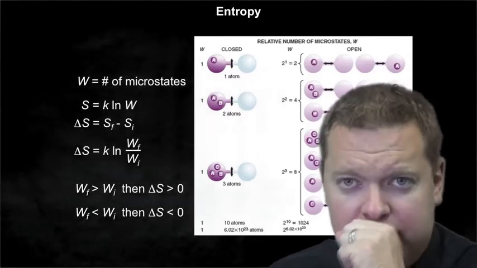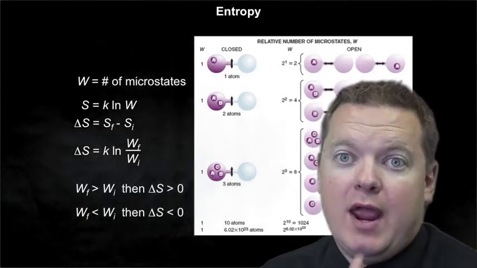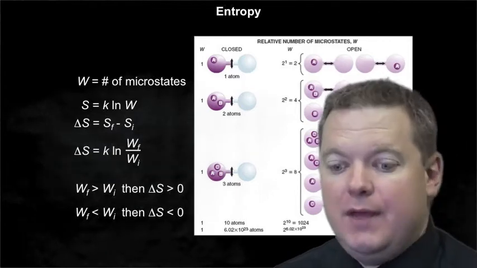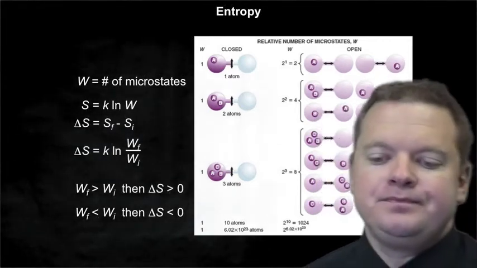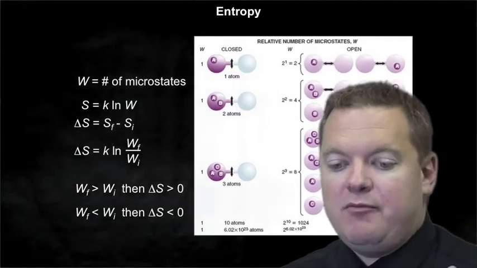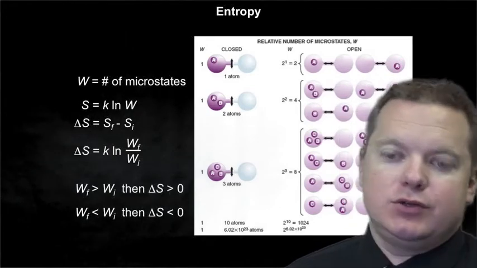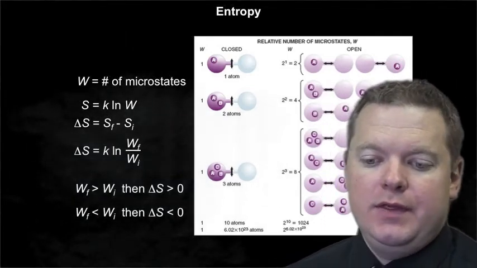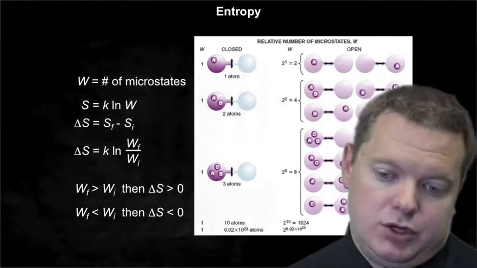So the number of microstates possible is equal to 2 raised to the number of molecules or components in this system. So if we have 10 atoms, as you may be able to see down here, then the number of microstates would be 2 to the 10th, or 1024. If we have a mole of atoms, then the number of microstates is 2 to Avogadro's number, which is a very large number.